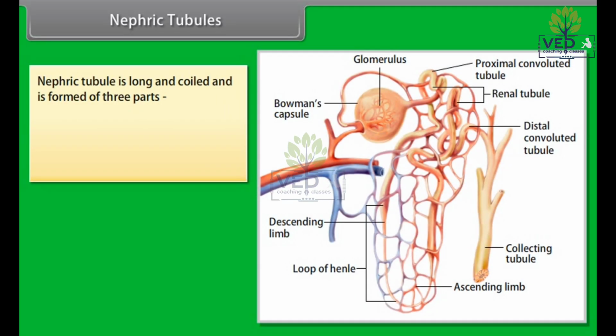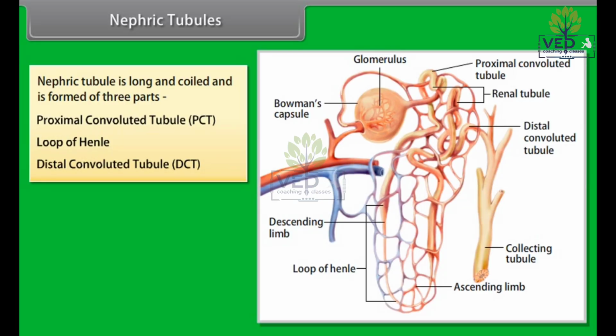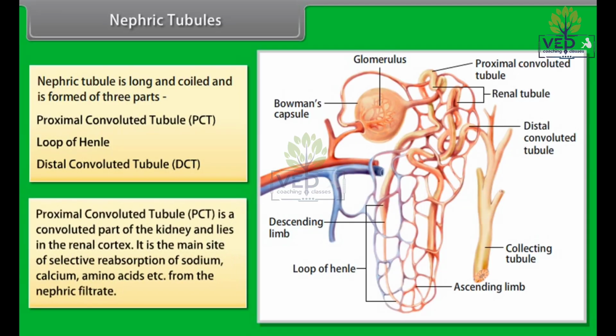Nephric tubules. The nephric tubule is long and coiled and is formed of three parts: proximal convoluted tubule PCT, loop of Henle, and distal convoluted tubule DCT. The proximal convoluted tubule is a convoluted part of the kidney and lies in the renal cortex.